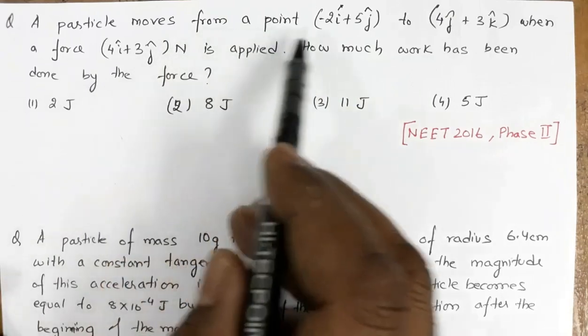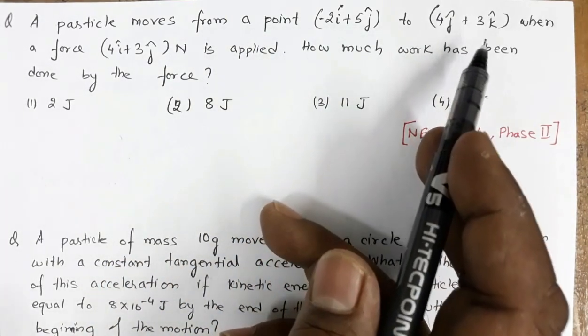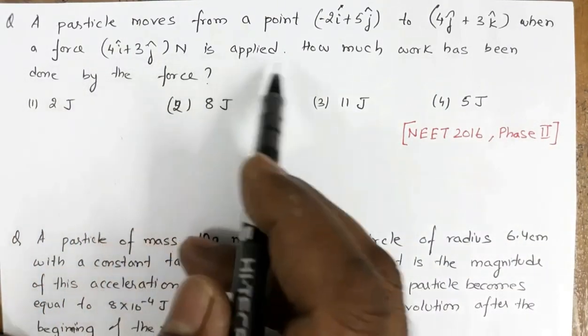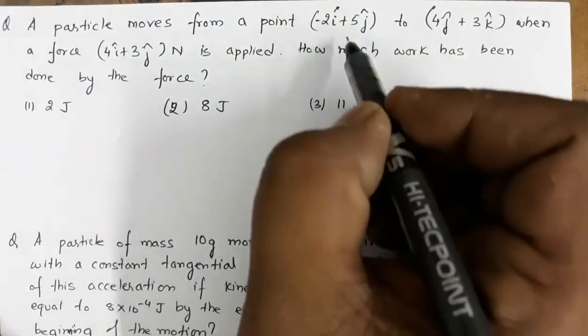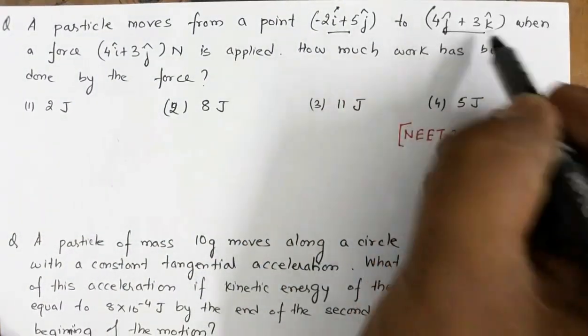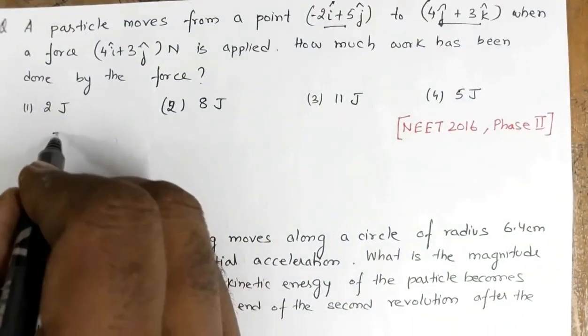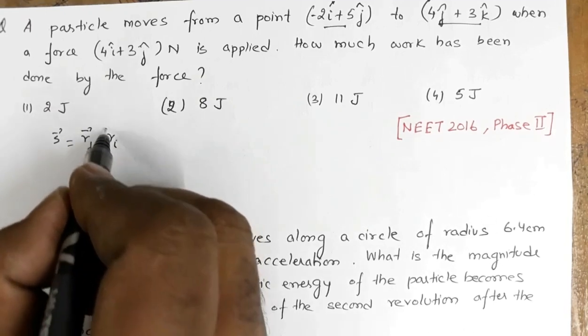So this is from NEET 2016 phase 2. A particle moves from point minus twice I cap plus 5j cap to 4j cap plus 3k cap. When a force of 4i cap plus 3j cap Newton is applied, how much work has been done by the force? Okay. Now see, this is the initial position and this is the final position. So the displacement S, it is always final position minus initial position.